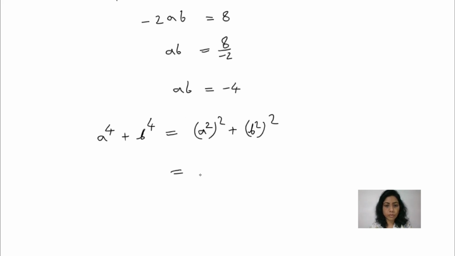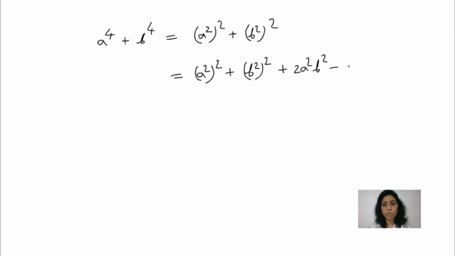So here a square plus b square is square. We add 2a square b square and subtract also 2a square b square.